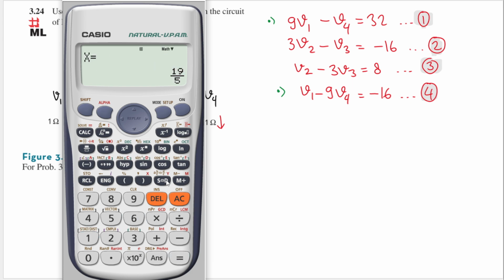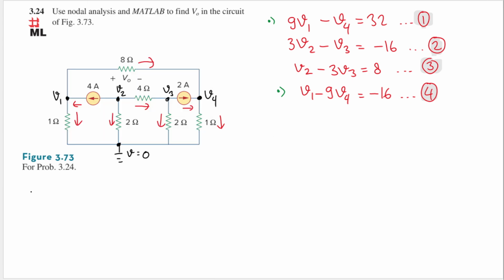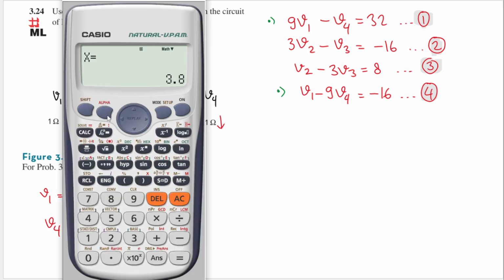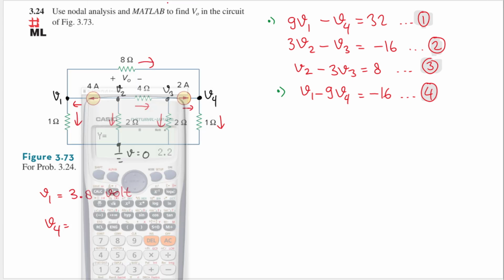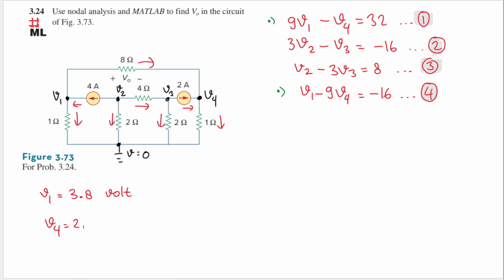I will have P1 here, which is 3.84, quite a good number. And V4 here will be the Y value, which is 2.24, also a very good number. So this is V1 and V4.